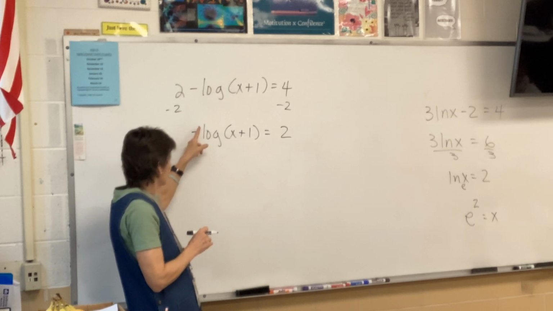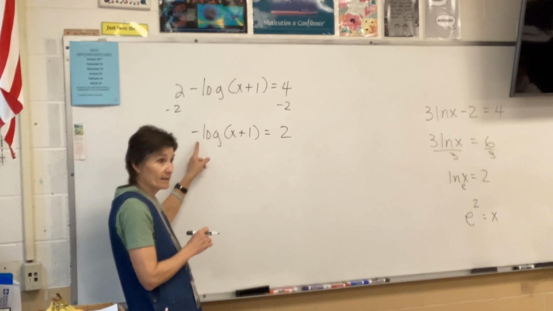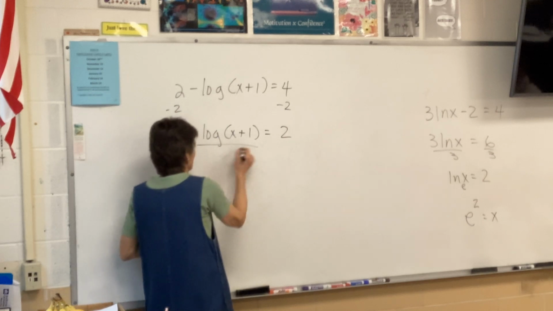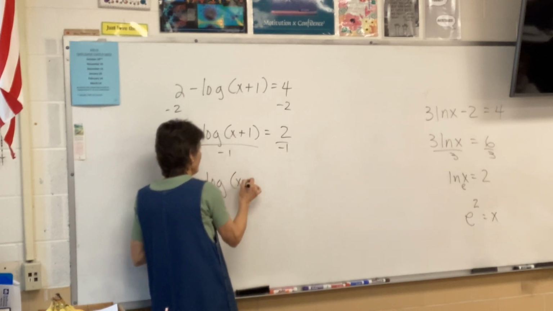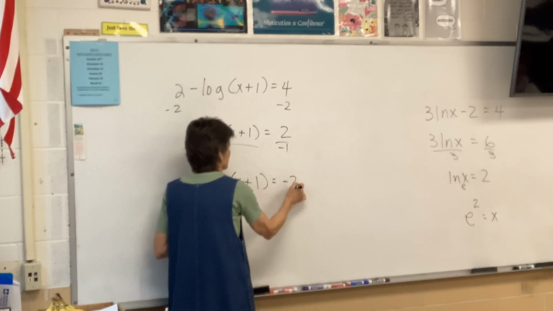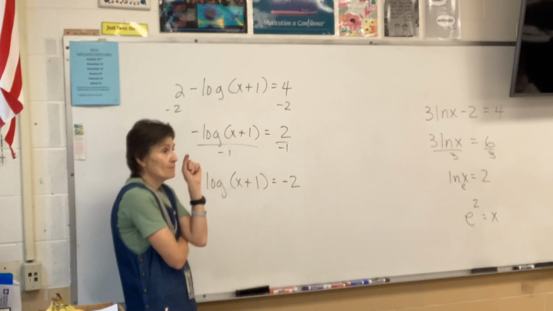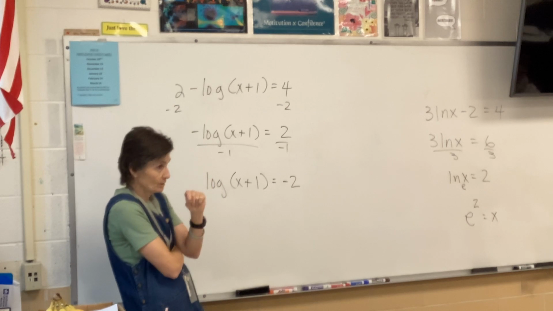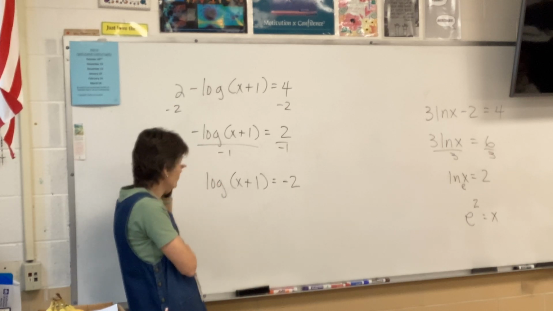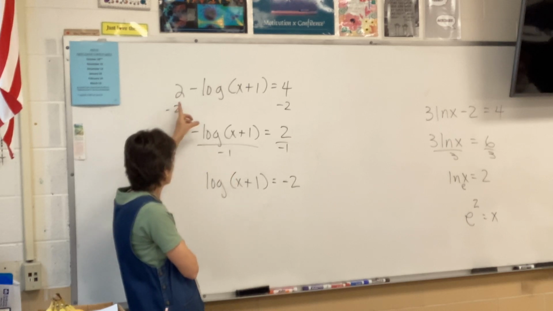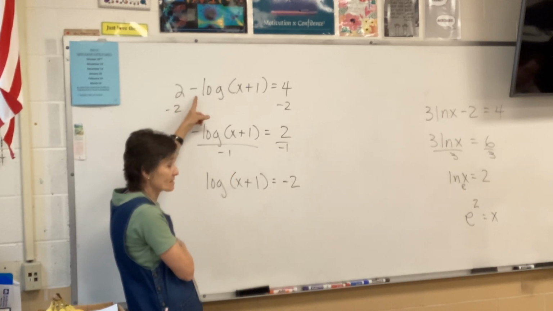So what number is out here? Negative 1. So we're going to divide by negative 1. So we have our log by itself. And then we'll loop-de-loop. Don't try to loop-de-loop until the logarithm is all by itself. So we have to get rid of that and we have to get rid of this.